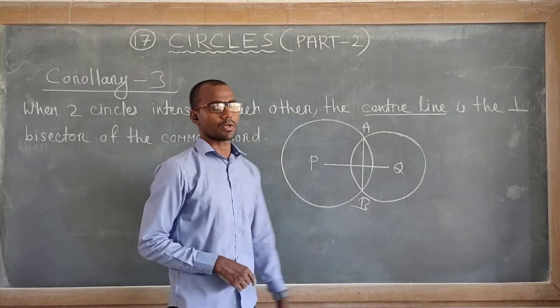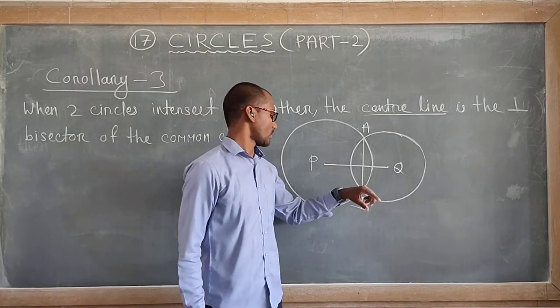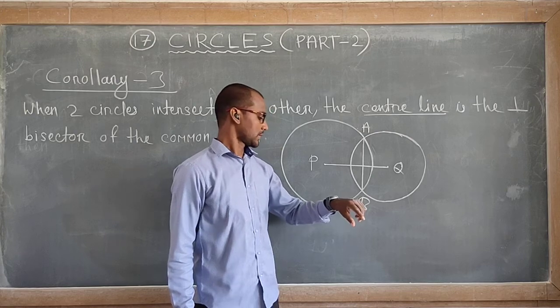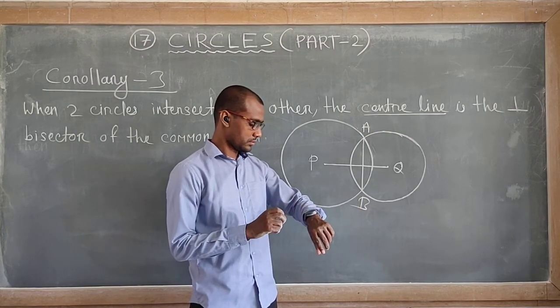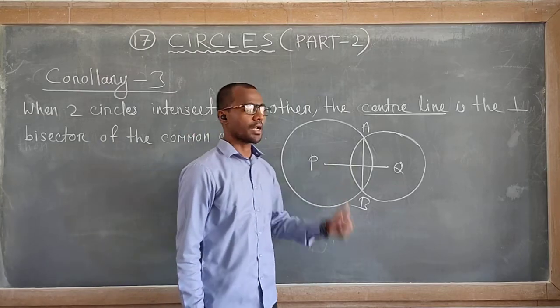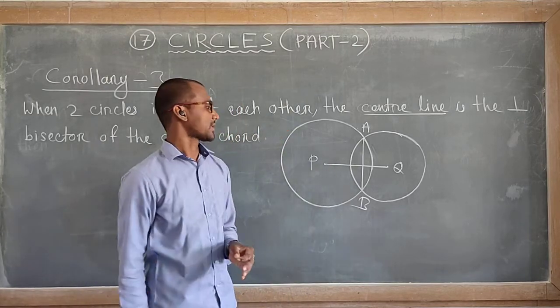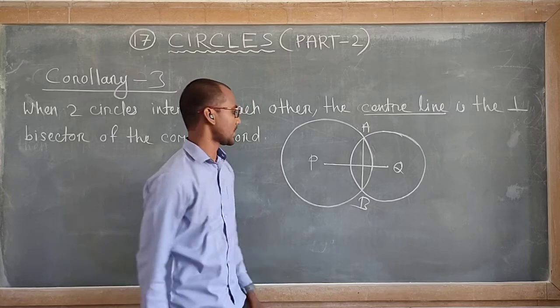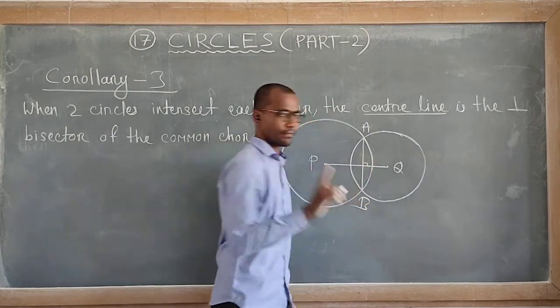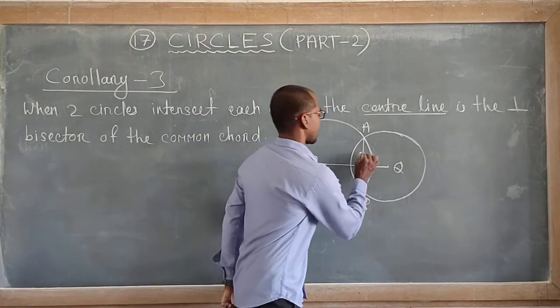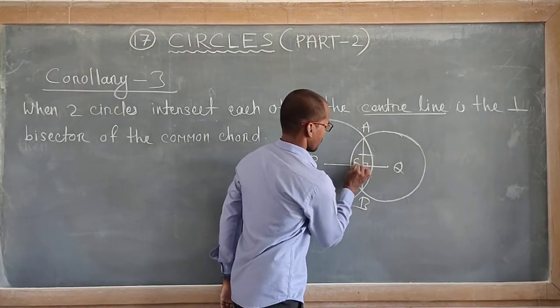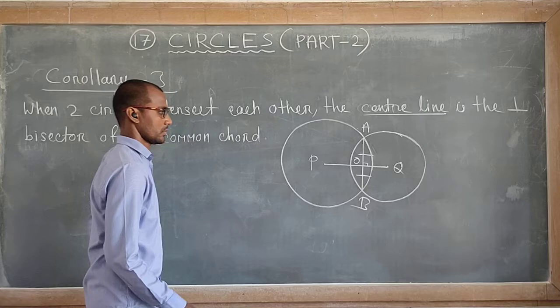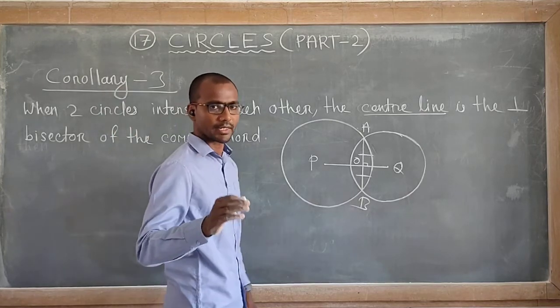Now, according to this corollary, this central line PQ is the perpendicular bisector of the common chord AB. Means it will be perpendicular first thing, then it will bisect AB. Let this point be O, the point of intersection of the central line and the common chord.